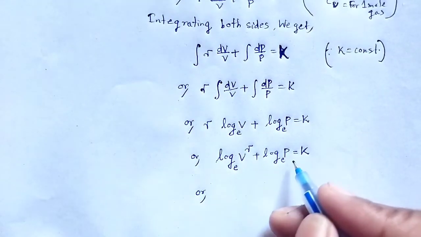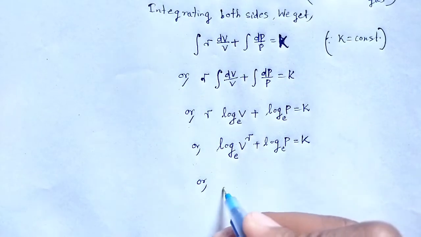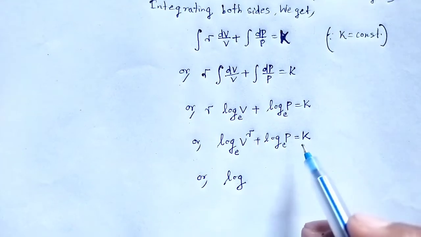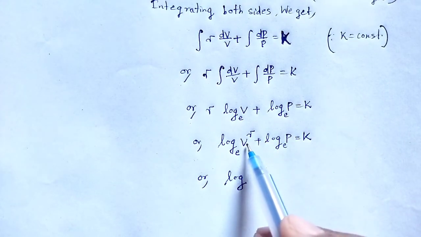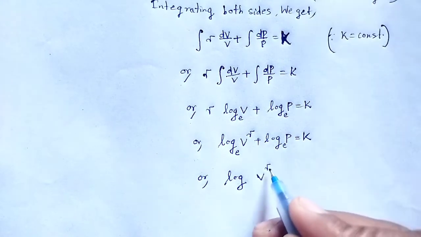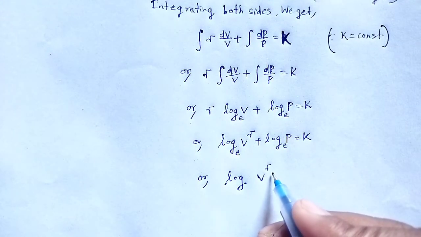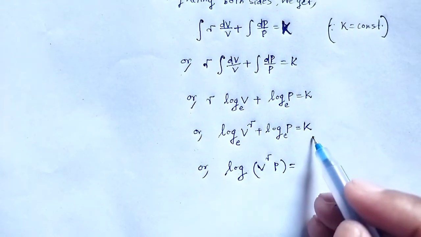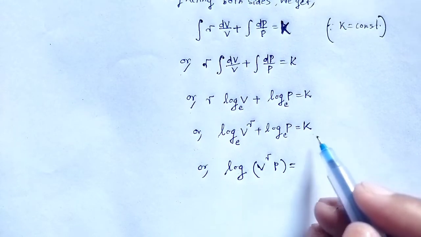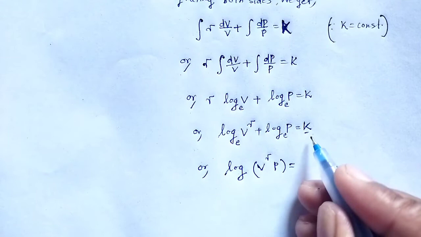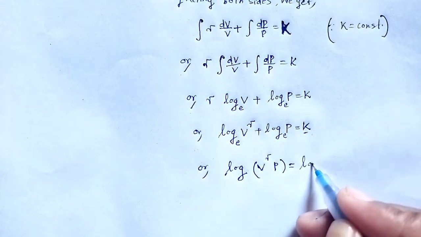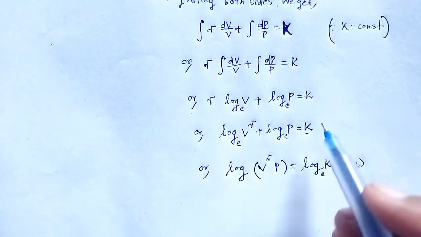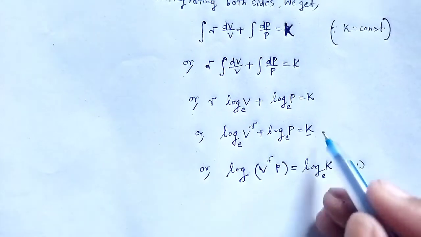Here log A plus log B means log AB. So log of P V to the power gamma is also a constant. Let us suppose it is log K base e. There will be no such change, as the whole thing is a constant.